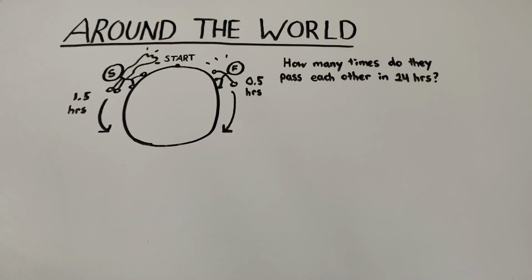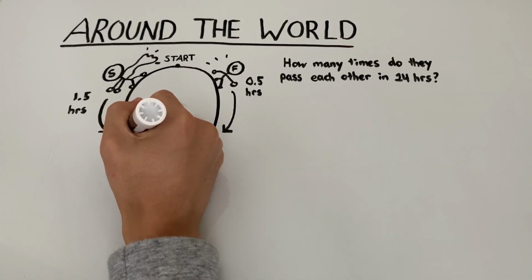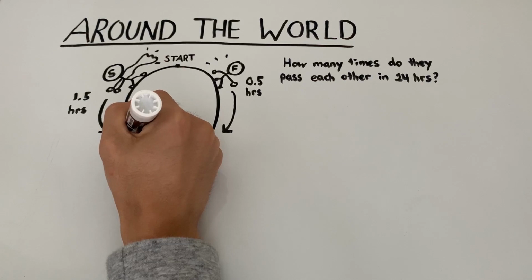So the first important thing that we're going to find out is when Superman and Flash first meet. Because when we find out when they first meet, then we essentially have the same problem all over again. For example, let's say that Superman and Flash first meet right over here at this point.